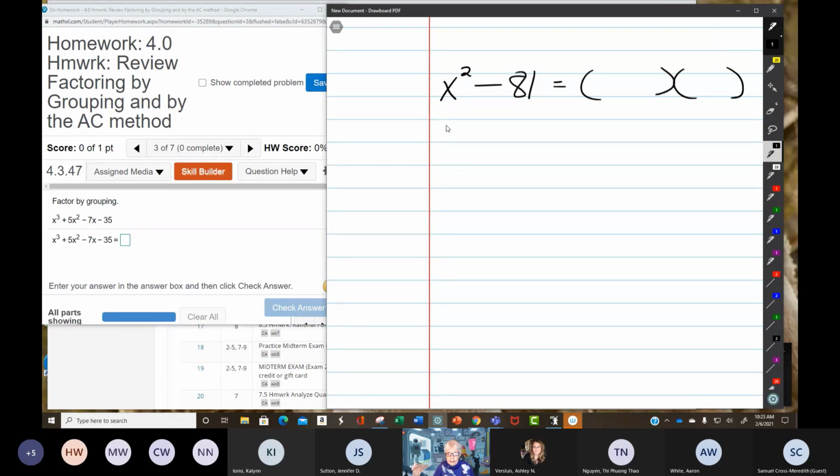Okay, x squared is x squared. It's a perfect square. 81 is a perfect square because it equals 9 squared. So I put x and 9 and x and 9. There you go.